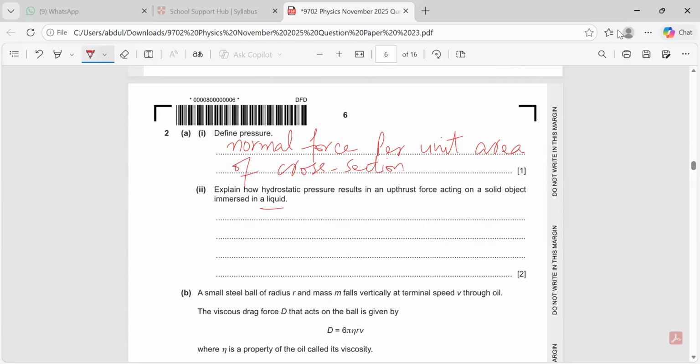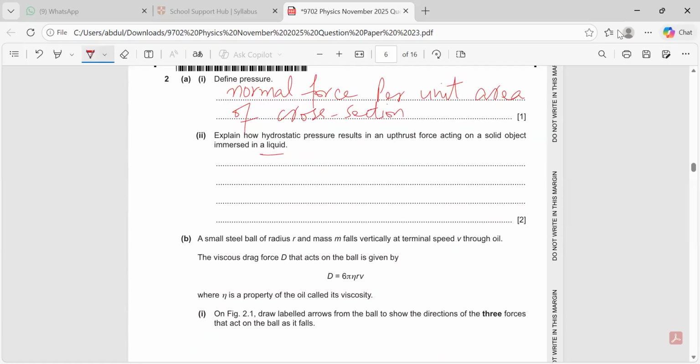Let's suppose this is an object that is inside the water. This is a solid object, this one is the object.